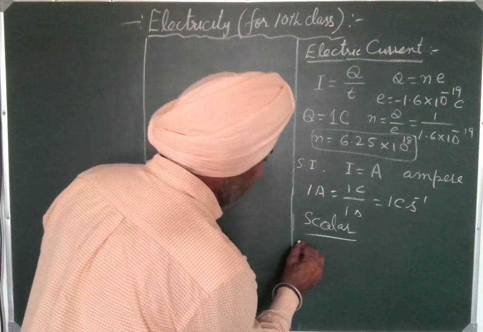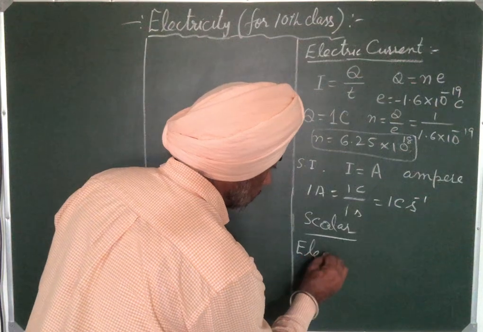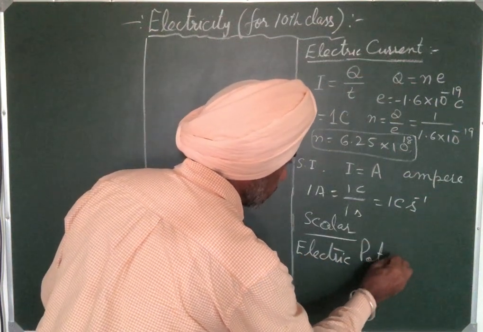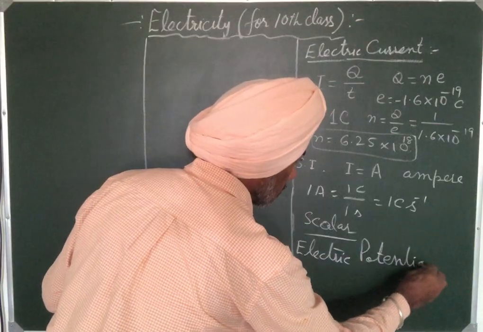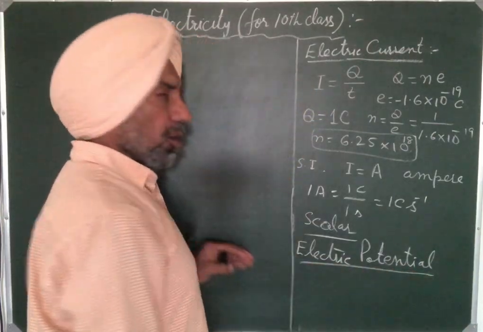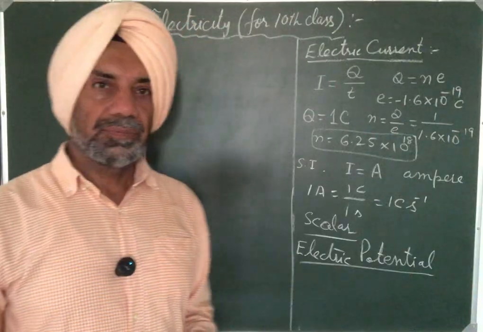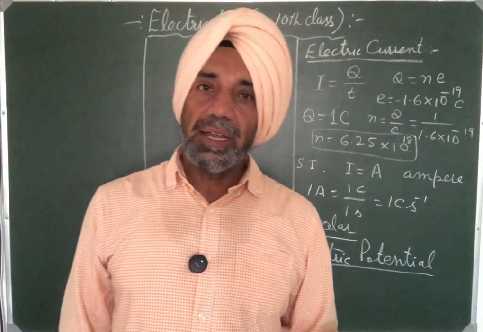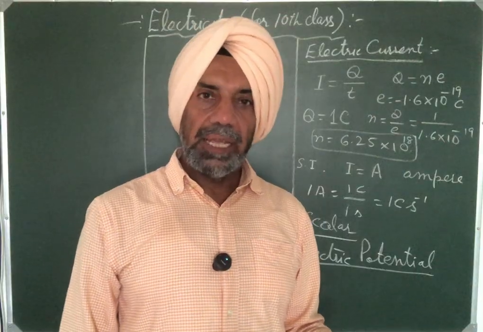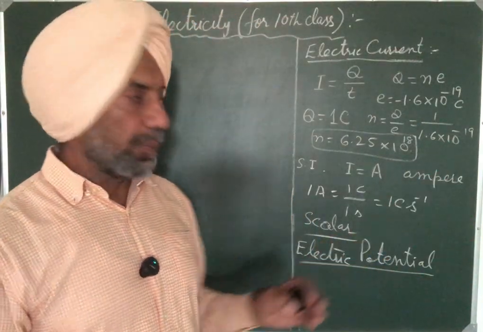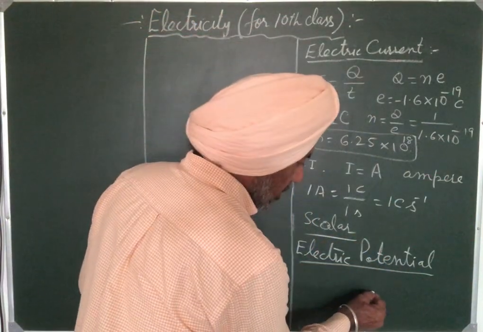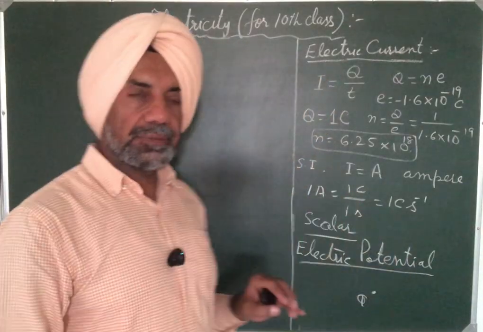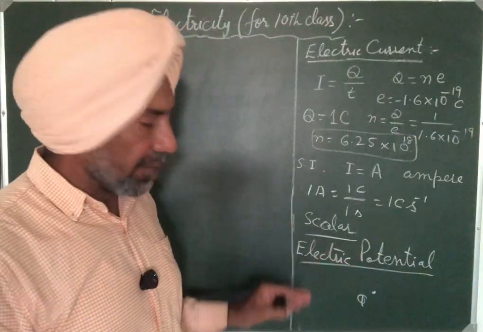Now we define electric potential. Electric potential is defined as the amount of work done in bringing a unit charge from infinity to the given point. Now suppose we have a given charge Q. In the space surrounding it, its effect can be felt.